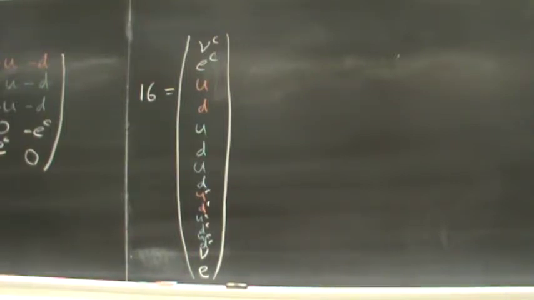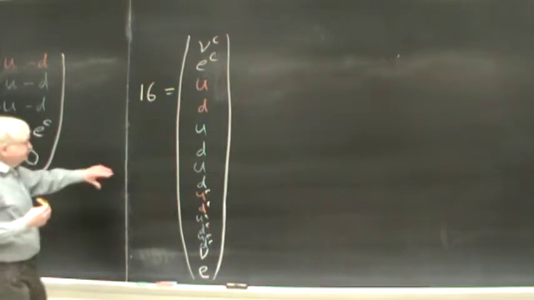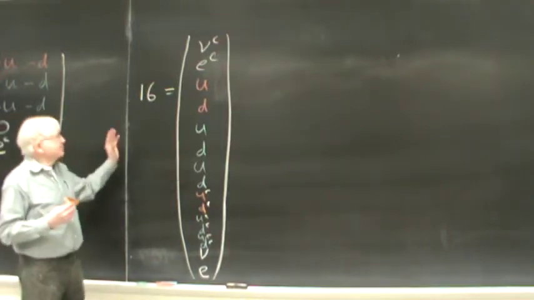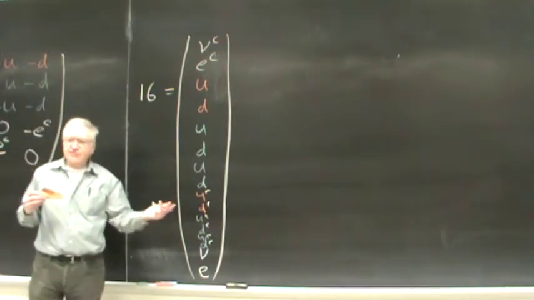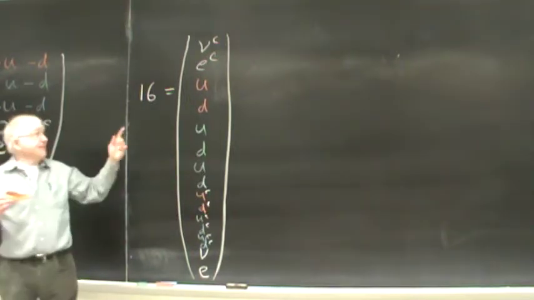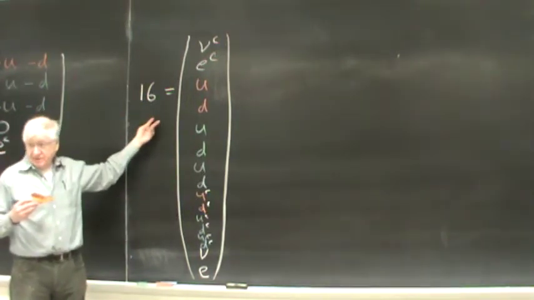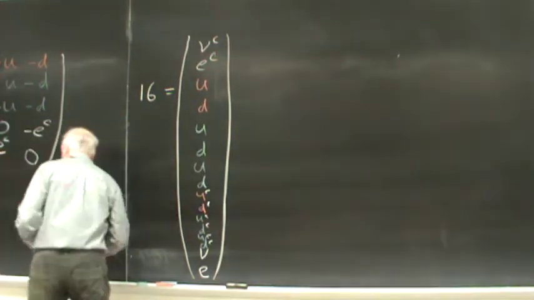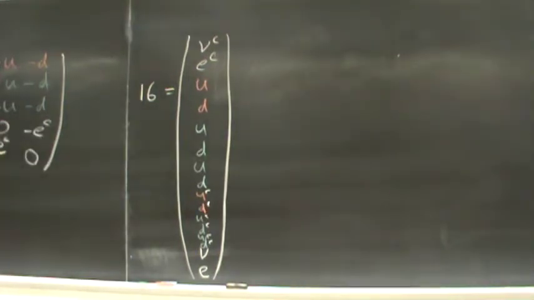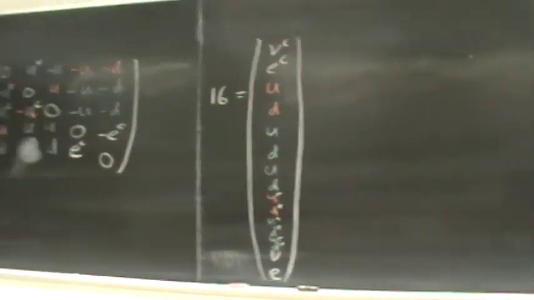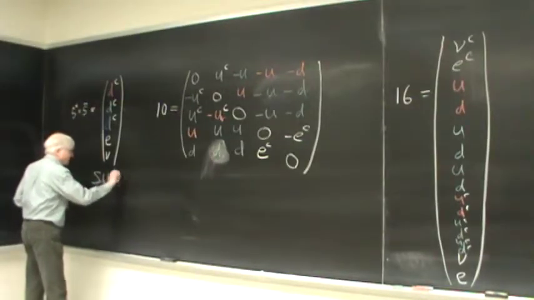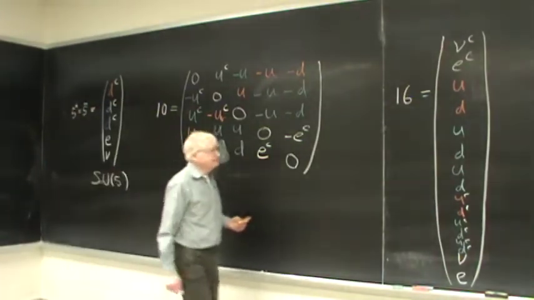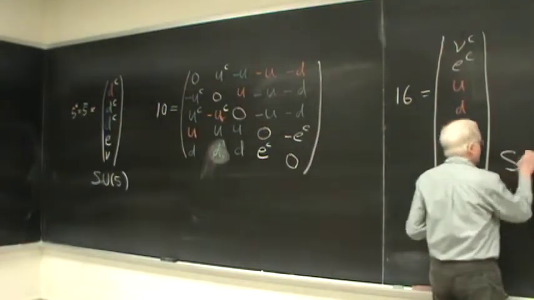What you can argue is that 16 is broken down first into SU5 times something, this is SO10, the group. Let me just make clear here, the grand unification group is SU5, over here it is SO10.